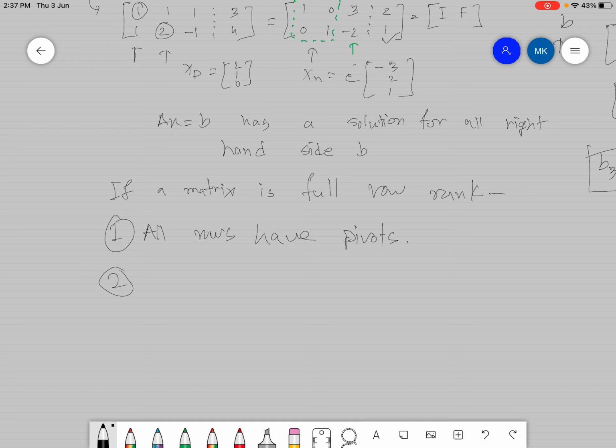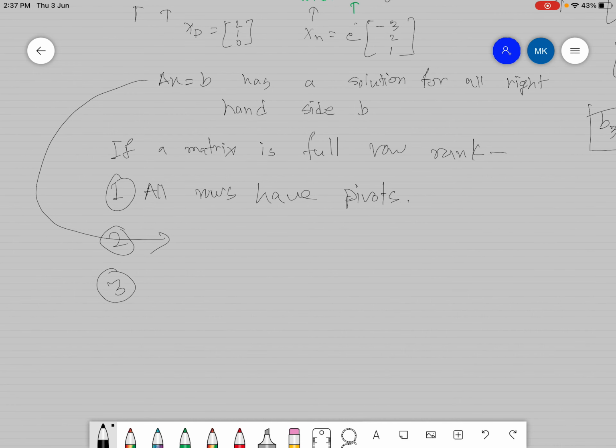Two is this one, like Ax equals b has a solution for all right hand side b. For three, we can say that the column space is the whole space Rm. So in this case this is R2 because there are two rows here.